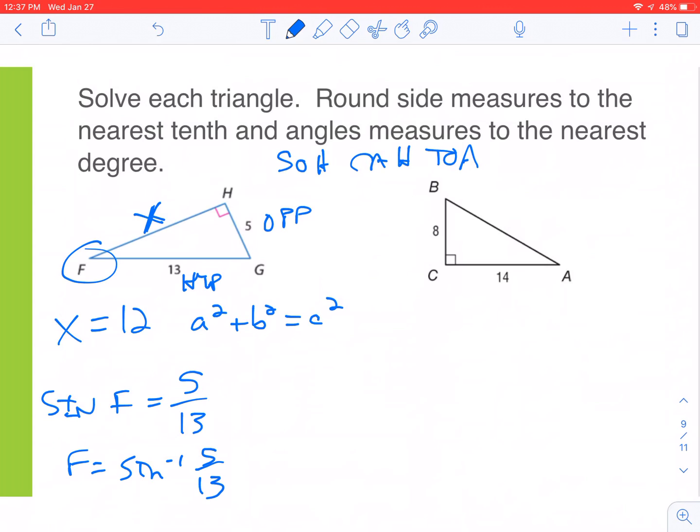All right, and I can do the same. Once I find this angle, I'm going to show you the shortcut. I'm going to find this angle, inverse sine of 5 over 13. I'm going to get 22.6. And then to find my other angle, to find G, I just do 90 minus 22.6.